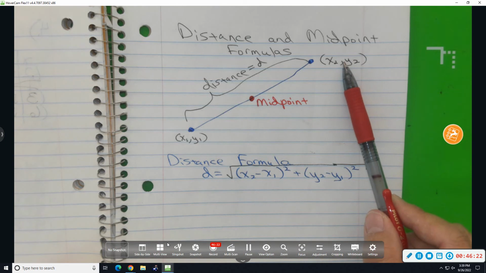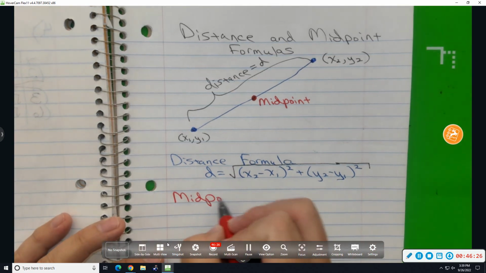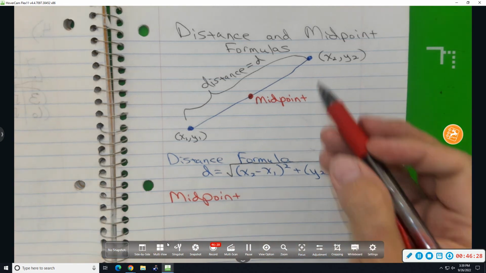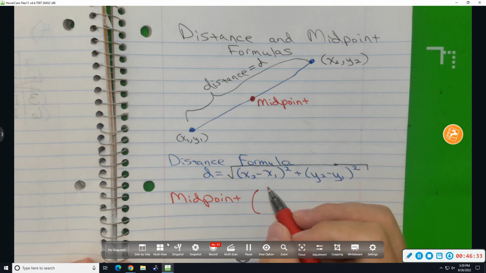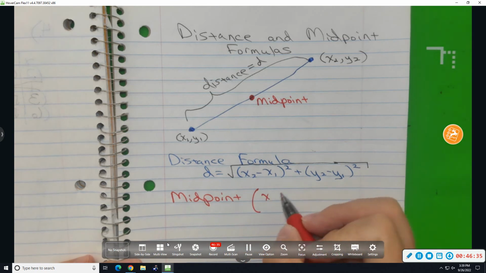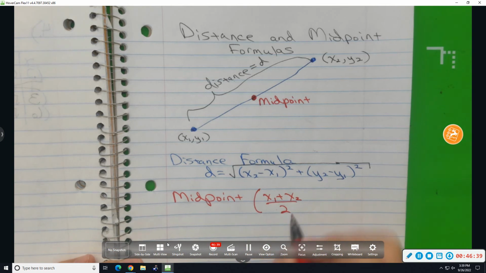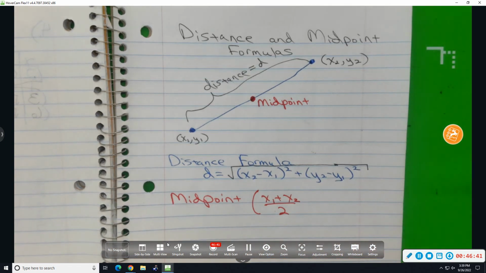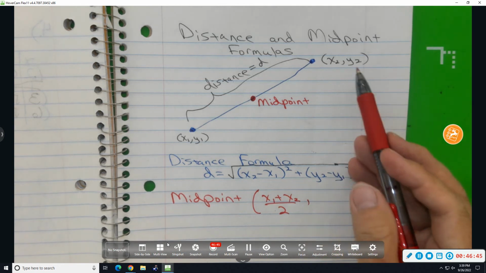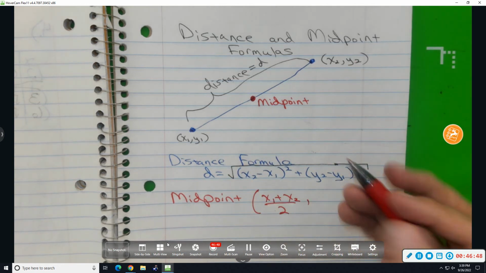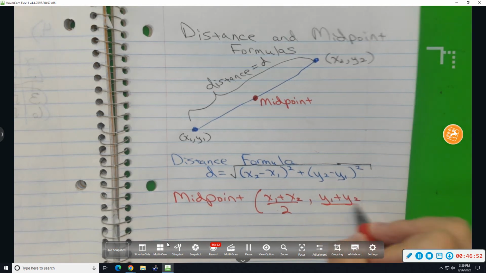You're just averaging to find the point that's midway along that line segment. You average the x coordinates. To average two numbers, you add them up and divide by 2. So x1 plus x2 divided by 2, comma. To find the y coordinate, you average the y coordinates that you're given. y1 plus y2 divided by 2.